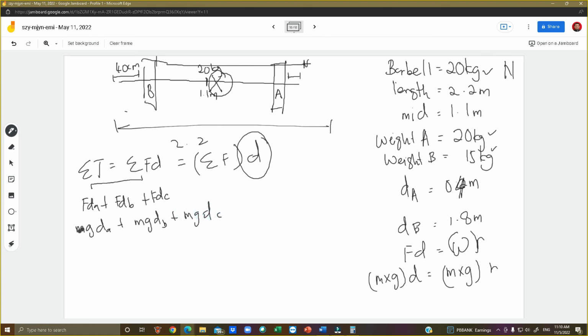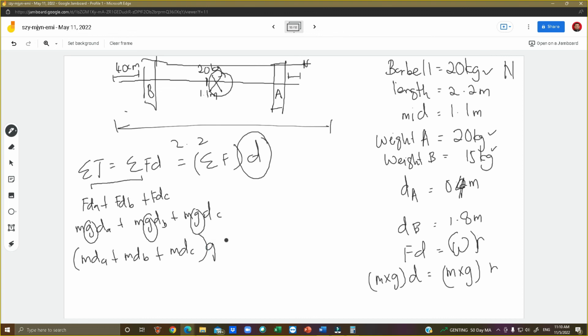In all three equations, all three have G, right? And we don't have G in mass, right? Agreed? Okay. We can take out G. So it will be MDA plus MDB plus MDC.